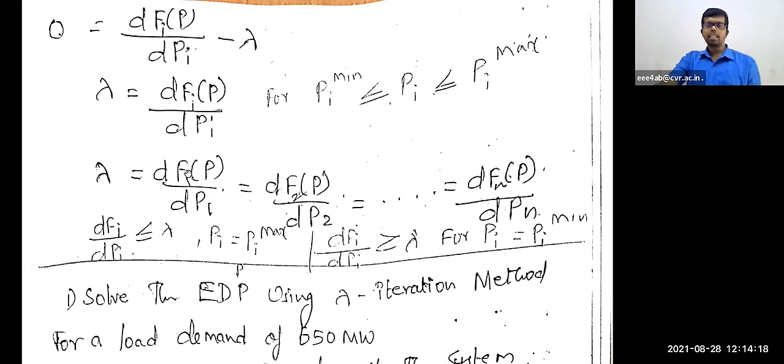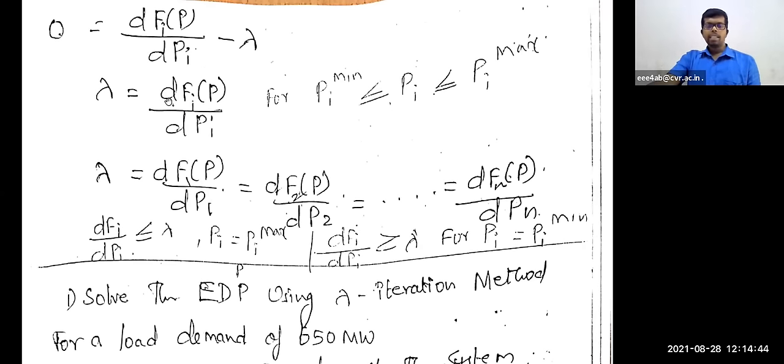In generalized form we can write dF1 of P1 is equal to dF2 of P2, and so on, for the nth generating unit, dFn divided by dPn is equal to lambda.